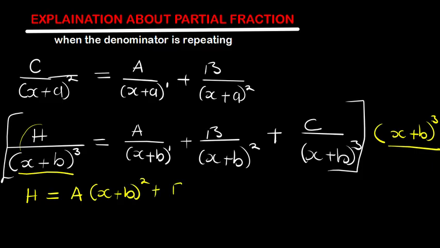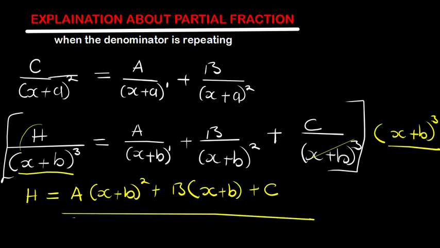Then plus b times x plus b, since here we have 2 of these and if I remove one, I'm left with just one. Plus c, because this part and that part divide, so I just remain with c. So that is how you come up with the equation when you're dealing with a denominator which is repeating.